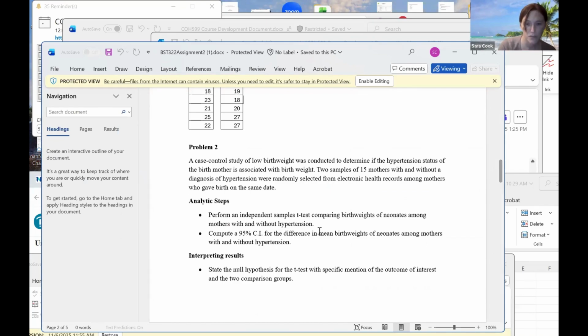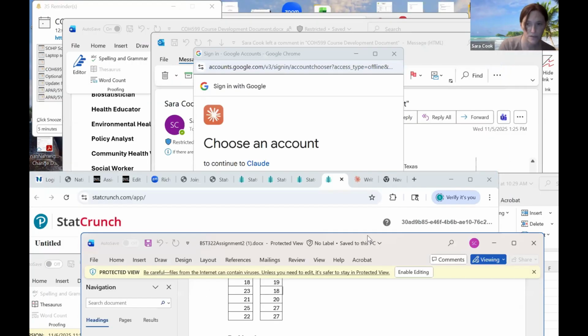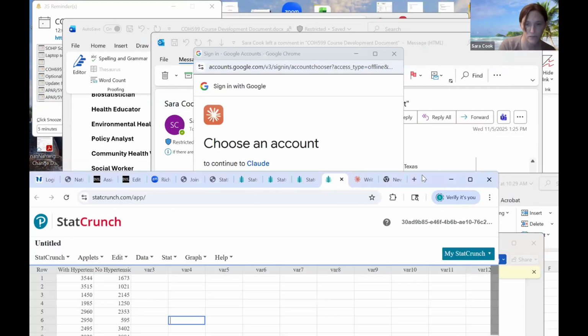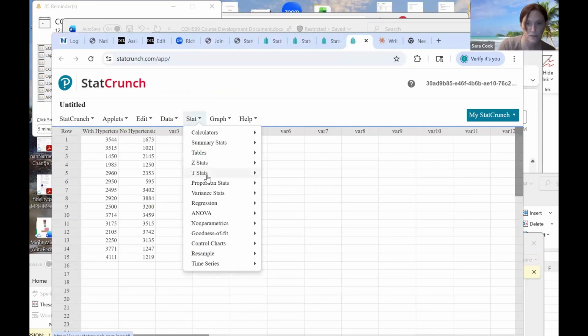We're also going to compute a 95% confidence interval for the difference in mean birth weight of neonates among mothers with and without hypertension. Okay, so we can actually do both of those things with the same procedure in the T statistic thing.